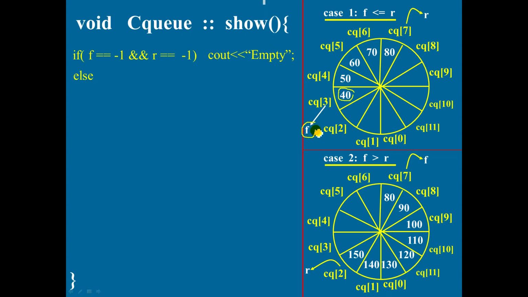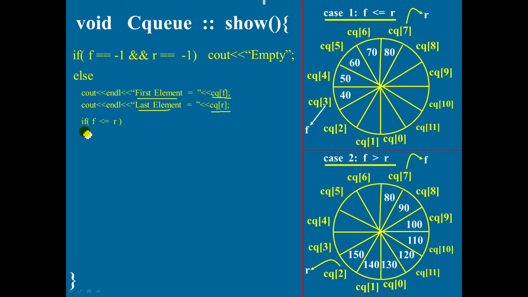F contains the index of the first element, so your first element is CQ of F. Similarly, R contains the index of the last element. So this last element is nothing but CQ of R. So you can write first, the first element is CQ of F and the last element is CQ of R.